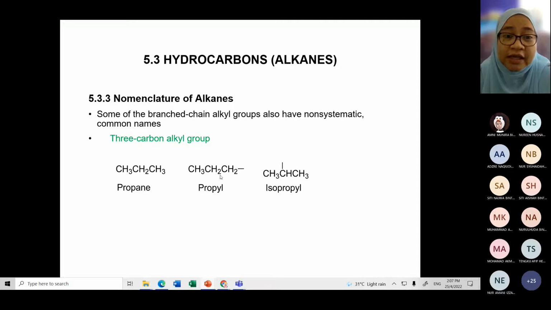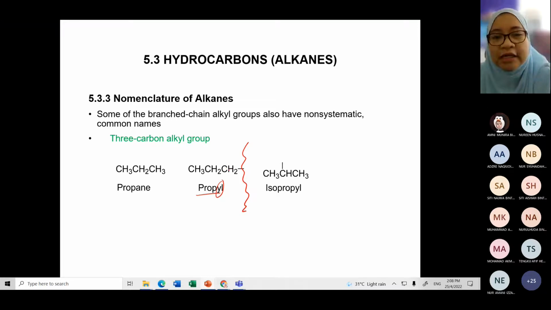Then if this 3 carbon alkyl group becomes a substituent, imagine we have a longer parent chain here, and this alkyl group now becomes a substituent, then it will be called propyl. YL represents the substituent. So if we have 3 carbon atoms, it would be called propyl.